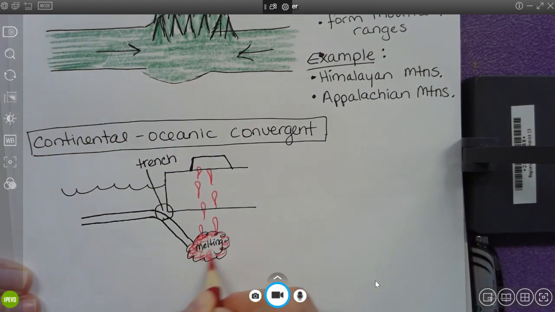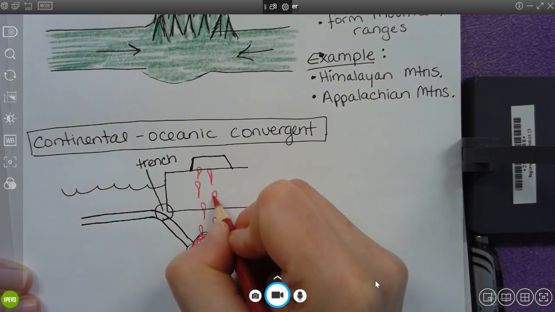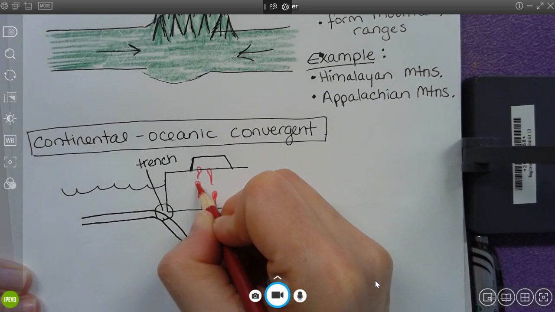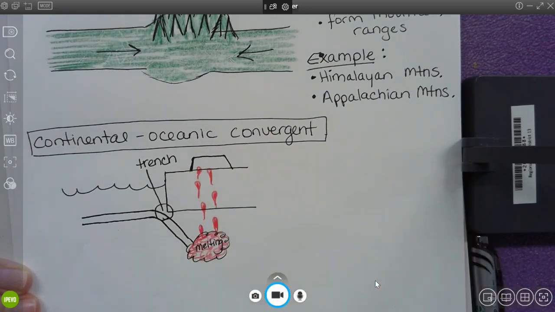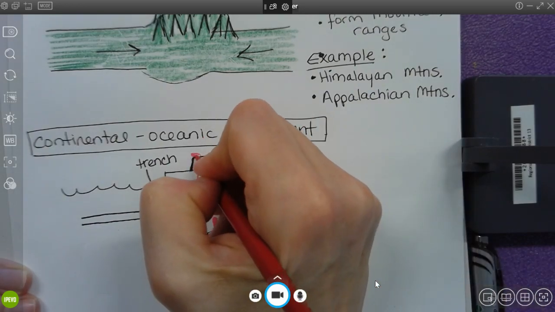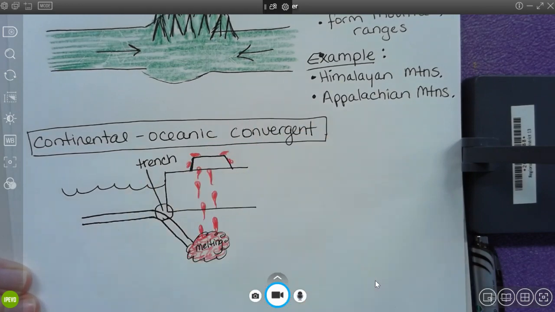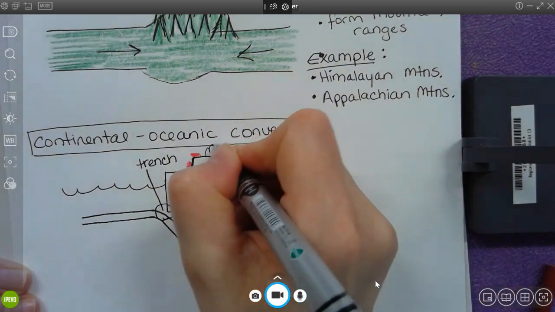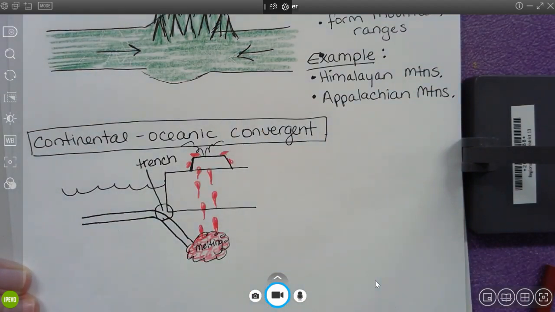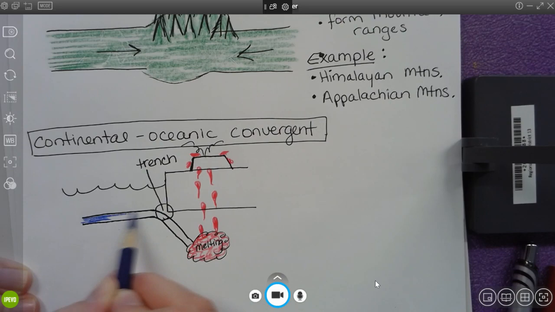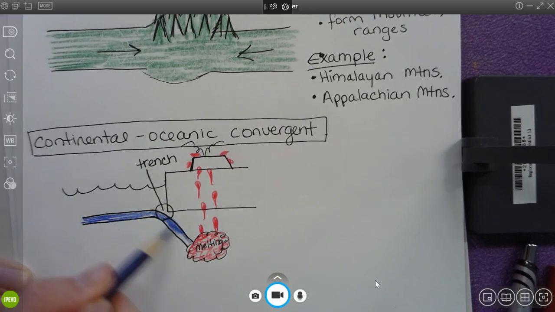So I'm just going to do some color coding here. I want to show the melting with my magma. So that plate subjected to a lot of heat. Okay. Might have some, let's see, I'm going to do some smoke. I'm going to color in my oceanic and my continental.